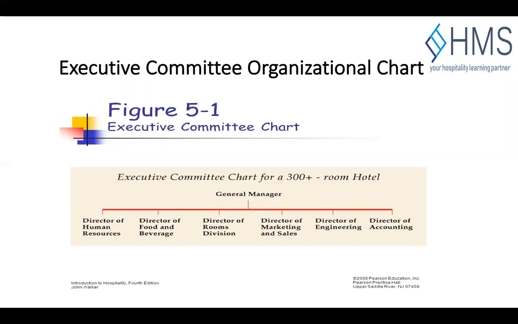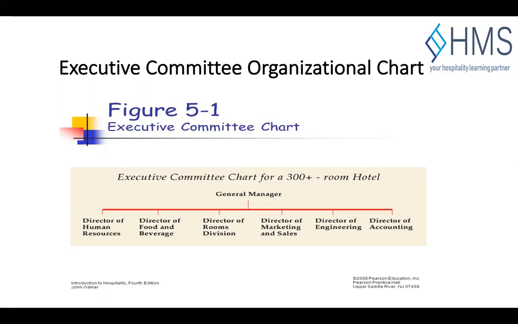Now, in these kind of properties, of course, apart from the vice president and the president, below that level of hierarchy comes the general manager. Then below the GM, there are several directors, and these directors come from different departments. As I mentioned before, the revenue generating areas as well as other revenue generating areas.